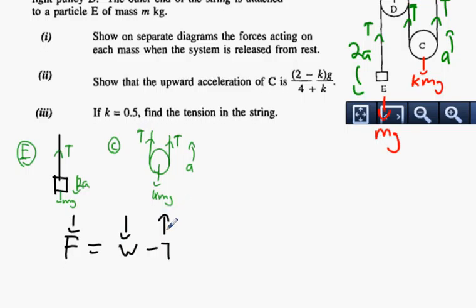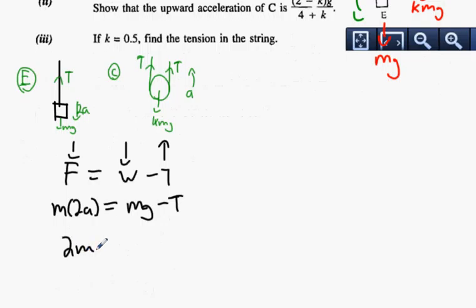Now, what we're going to get is force is m times 2a. Its weight is mg, its tension is T. Then we're going to get 2ma equals mg minus T. We're then going to work on pulley C. So what about pulley C, guys?